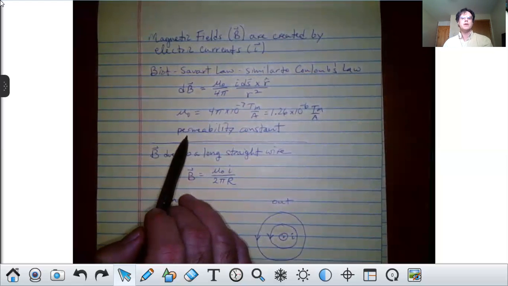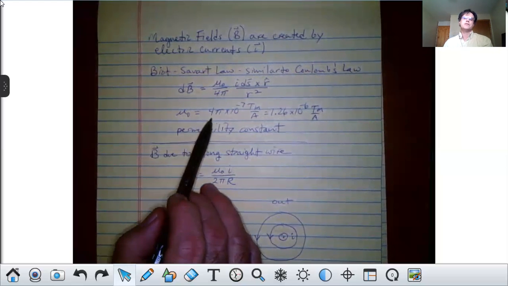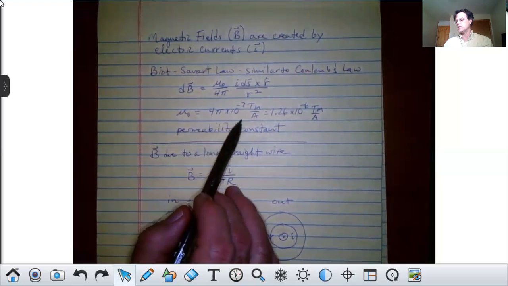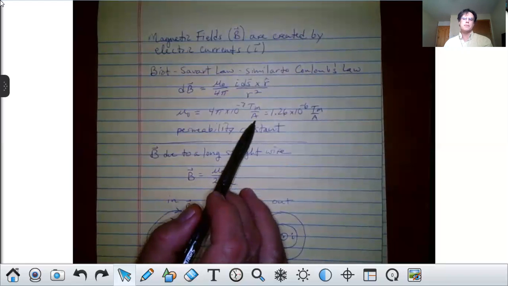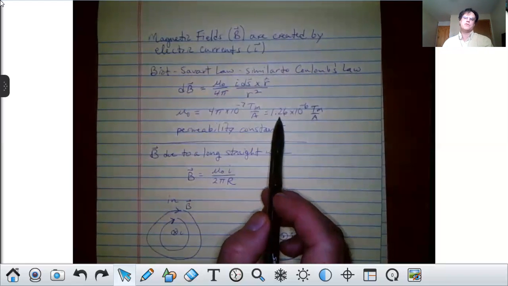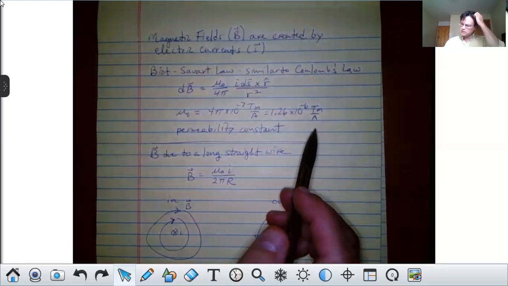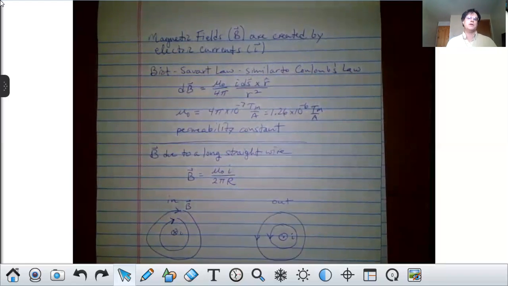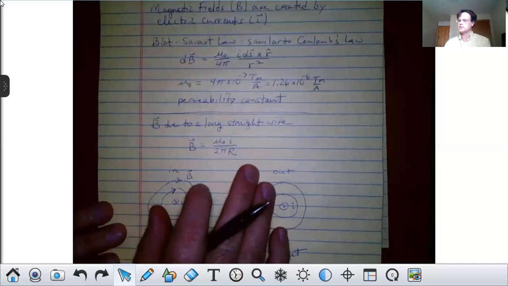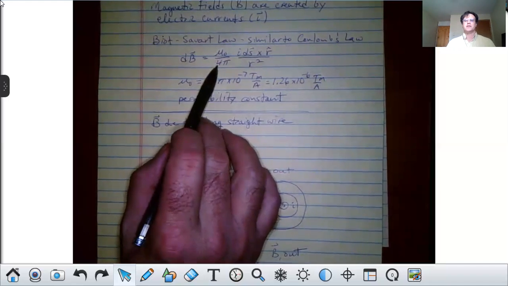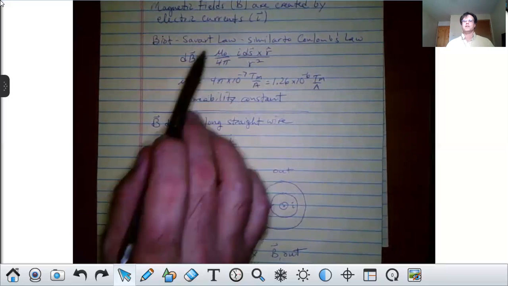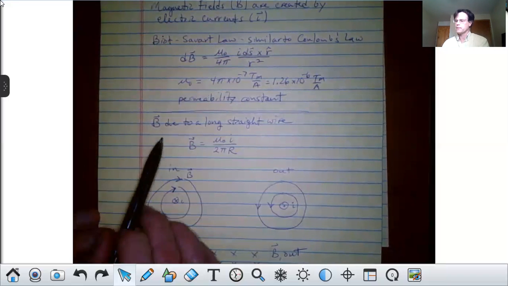It's called the permeability constant, and it's defined to be 4 pi times 10 to the negative 7 Tesla meters per amp, or if you just multiply out the 4 pi, it's 1.26 times 10 to the negative 6. So that constant will appear in all of our magnetic fields, because it's kind of like the fundamental Coulomb constant. It's the fundamental Biot-Savart constant.